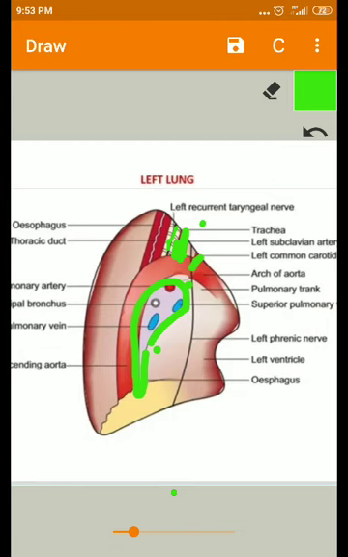In between these two branches of the arch of aorta, another nerve is passing, that is the left phrenic nerve.